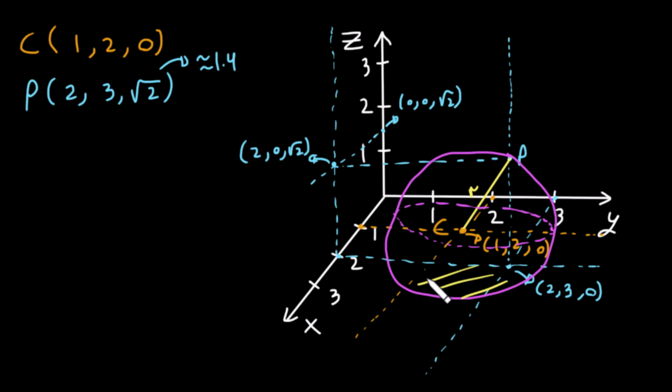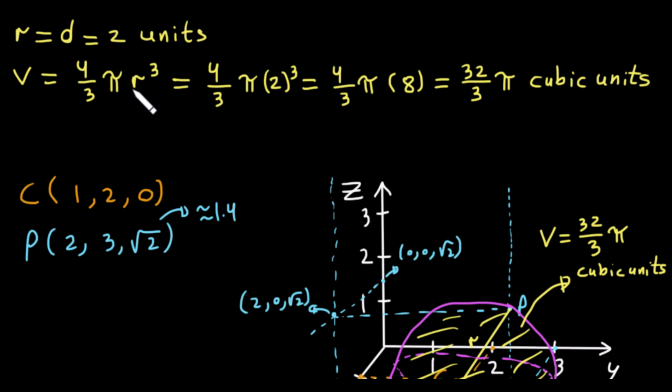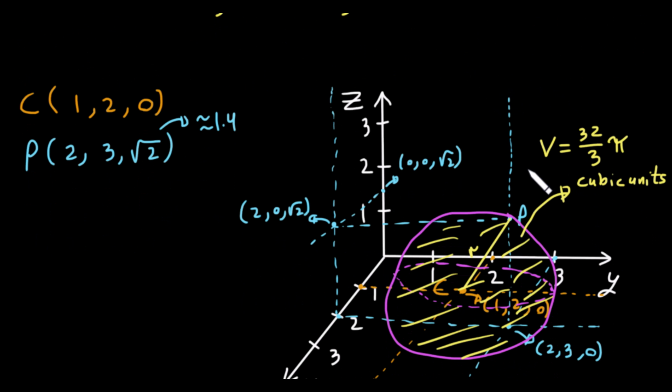So this here, the volume of this, we have calculated as V equal 32/3 π cubic units, as we have calculated here. This 32/3 π cubic units.